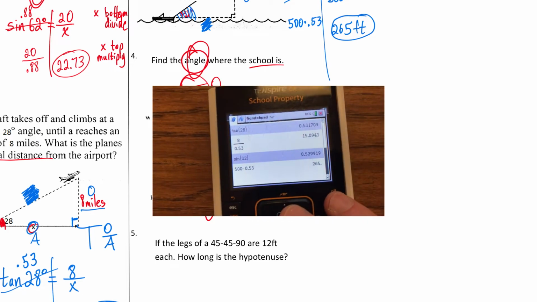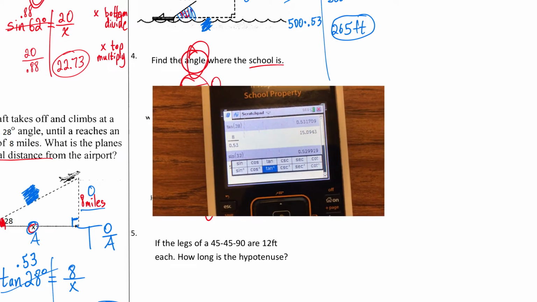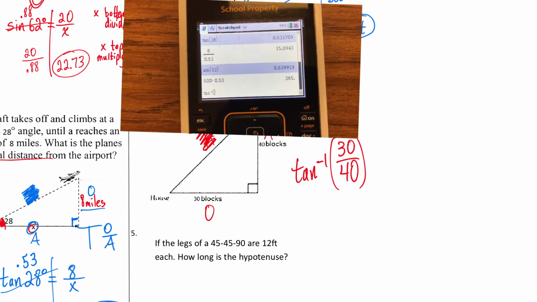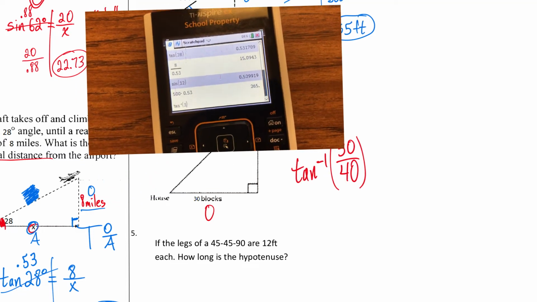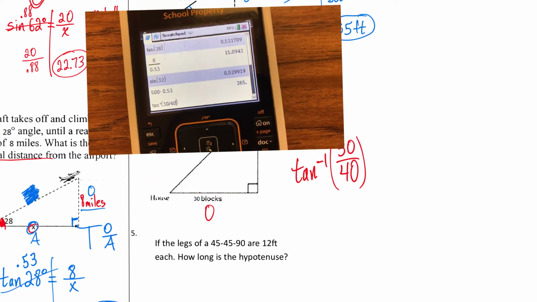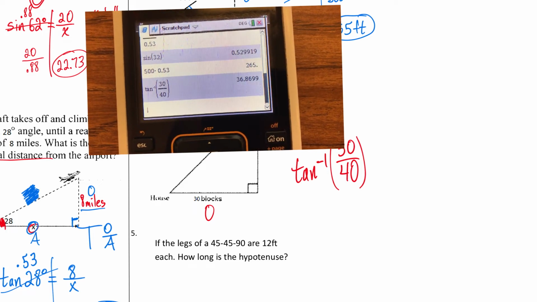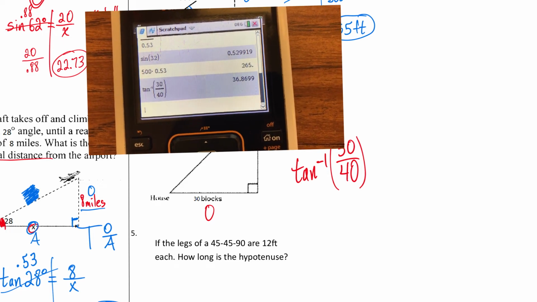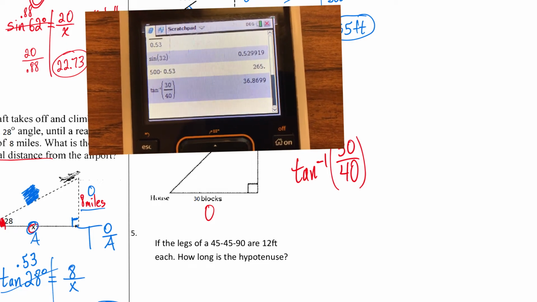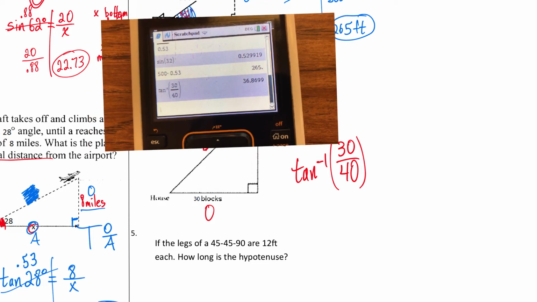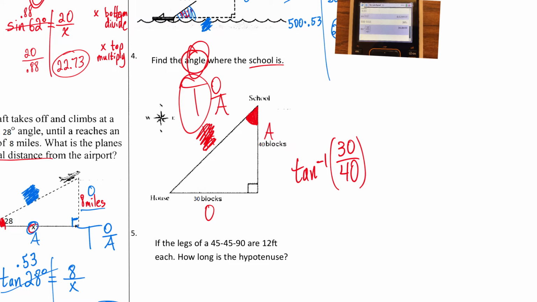All right, so I'm going to go tan inverse of 30 over 40. And that tells me that that angle is 36.87 degrees.